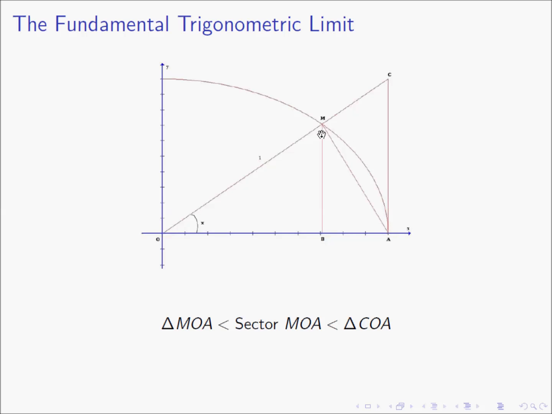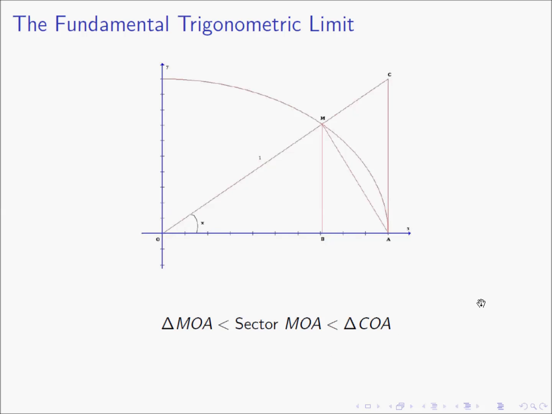The sector is the slice of pizza here. The slice of pizza contains the triangle, so its area must be bigger than the area of the triangle. And the slice of pizza, the circular sector, is contained in this bigger triangle, that is triangle COA. That's why we had this inequality.